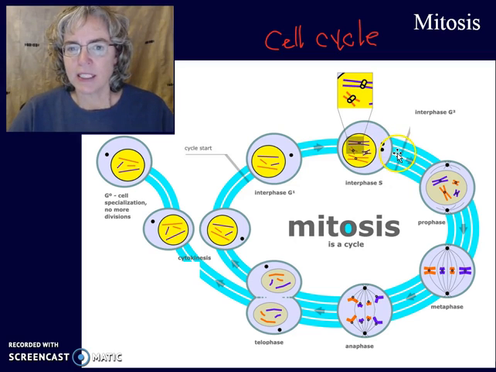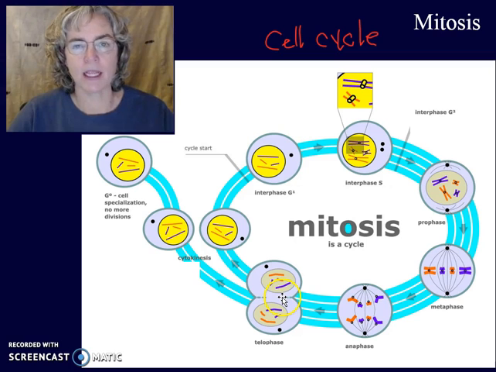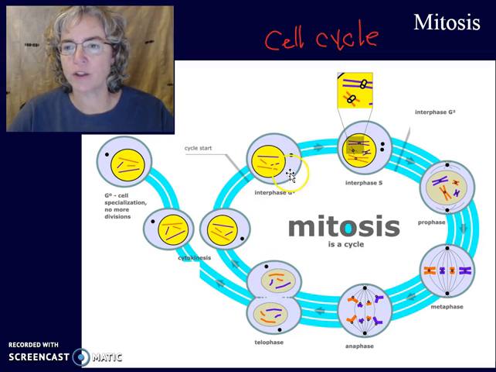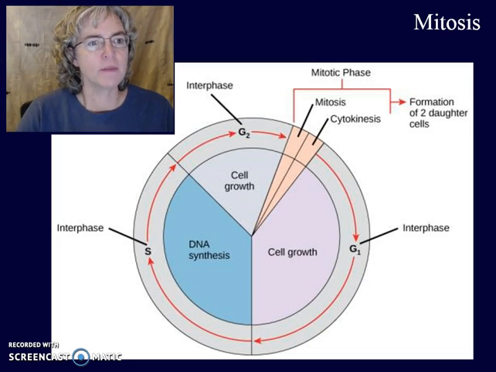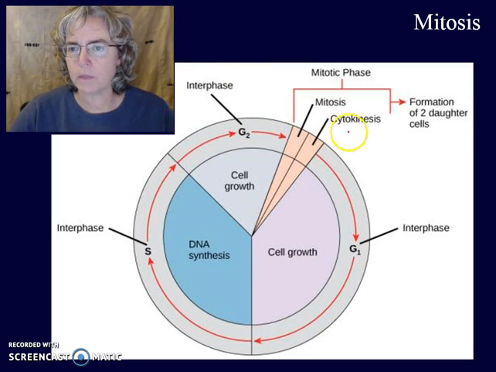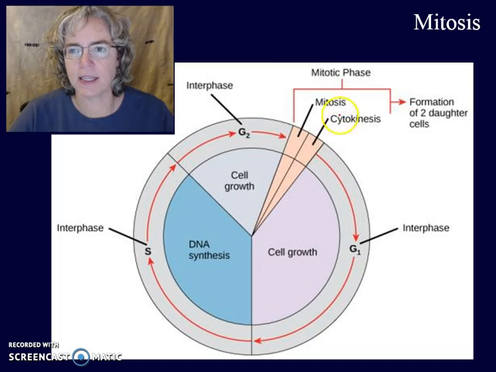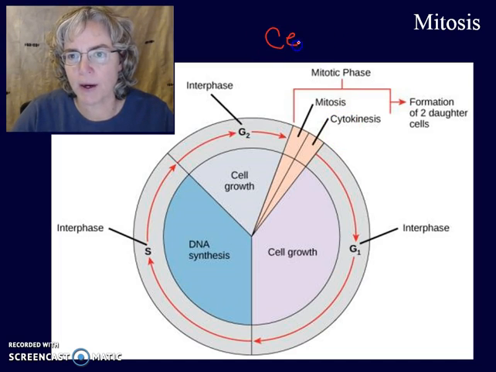So let's take a look at this cell cycle in a little bit more detail, and then we'll come back to just the mitosis part of the cell cycle. There are many phases in the cell cycle. So this is a cell cycle.